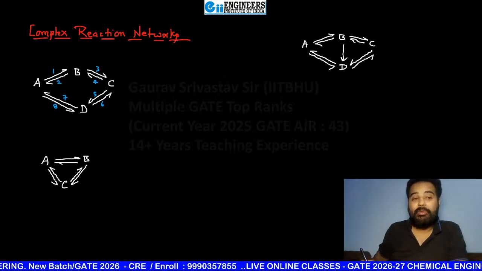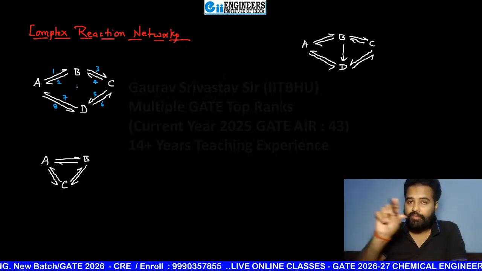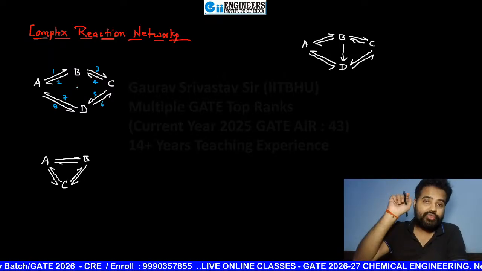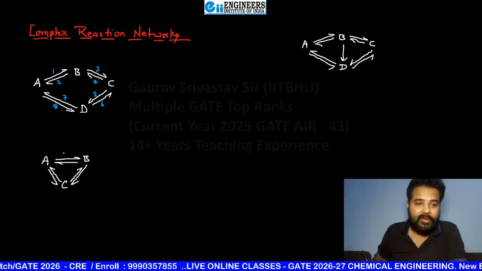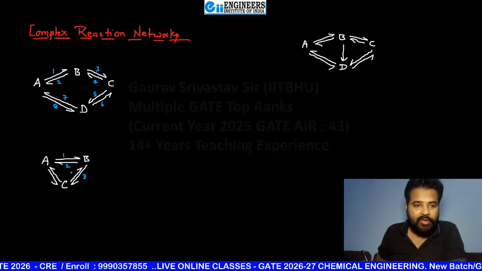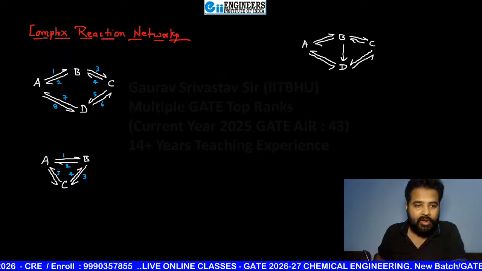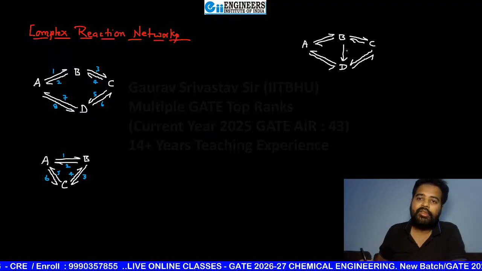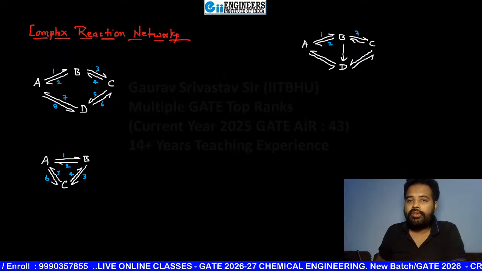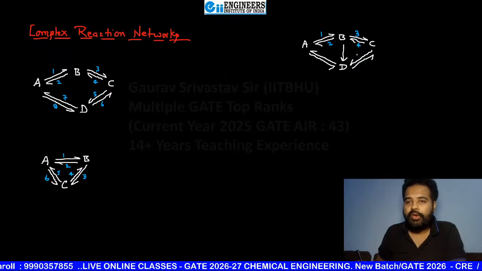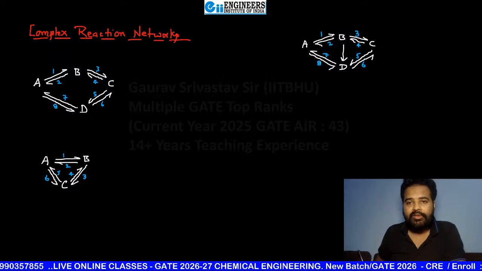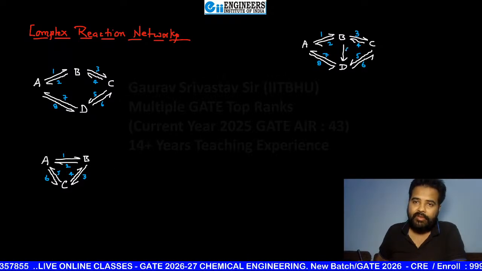Okay, but it may be magnitude if written in your problem, that the numbers with reactions are magnitudes of reaction rate constants. Okay, and here clearly it is 1, this is 2, this is 3, this is 4, this is 5, this is 6. Here this is 1, this is 2, this is 3, this is 4, this is 5, this is 6, this is 7, this is 8, this is 9.